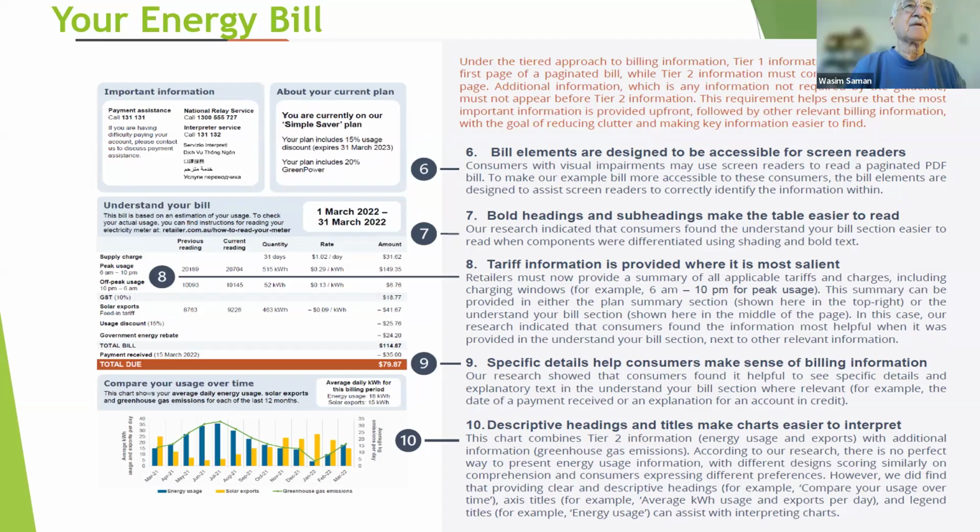So for example, in this case it says peak usage from 6 a.m. to 10 p.m., and it gives you the two readings and the difference being the quantity of kilowatt hours, the unit of electricity you've used, then the rate, and then the amount charged for that particular amount.